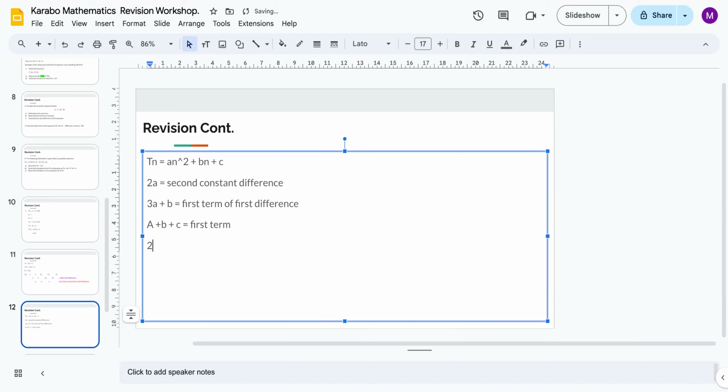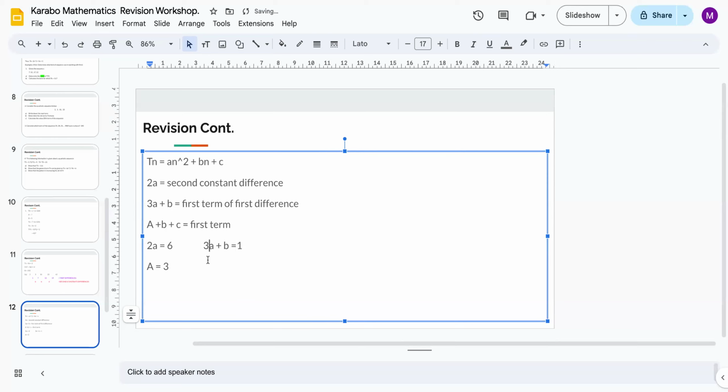Okay, so 2A is equal to, my second constant difference for this was 6. So 2A is equal to 6. Therefore, A is equal to 3. Right. And then it was also given that 3A plus B is equal to, the first term of my first difference is 1.